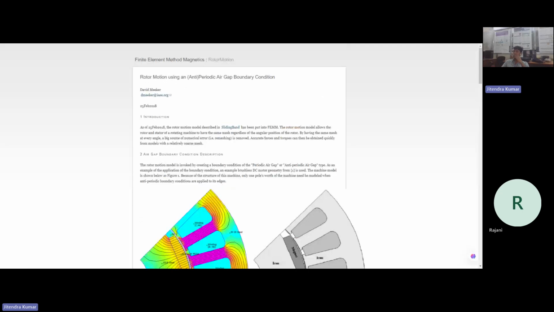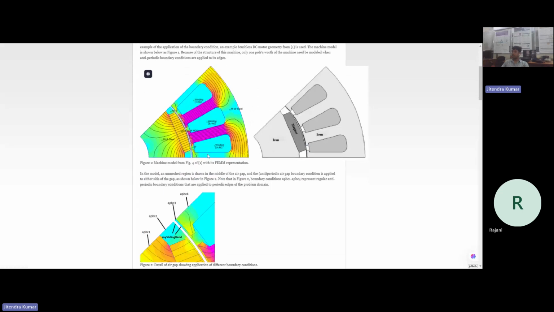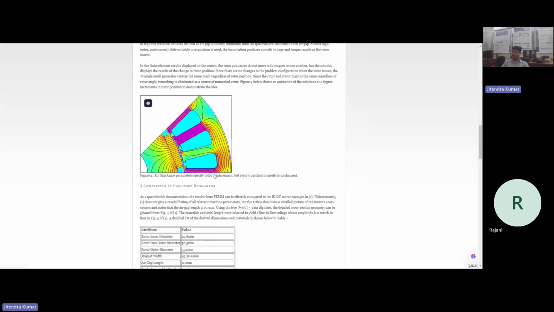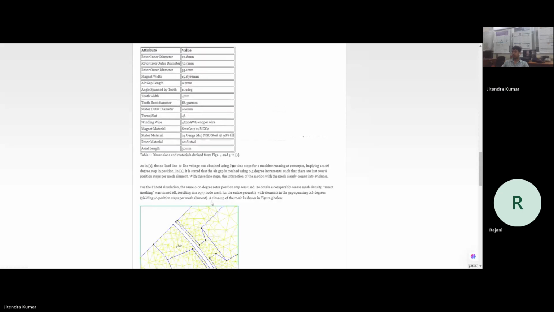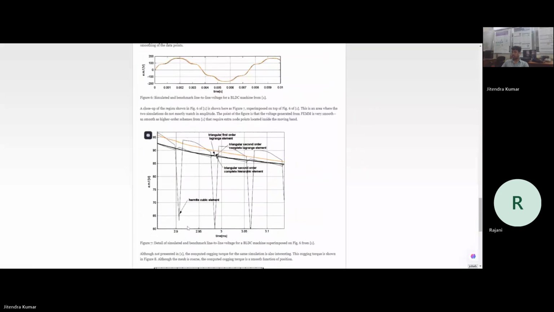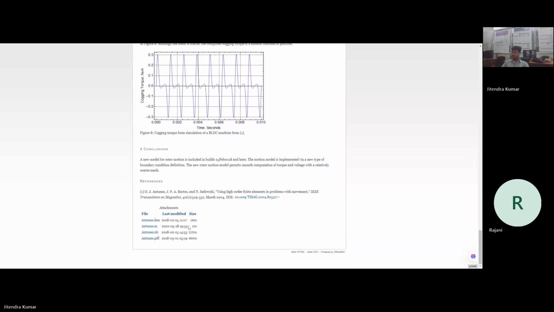This example you could follow from here: air gap boundary condition, boundary properties and all with diameters. Like that. A MATLAB file is given, so it could be coupled with MATLAB as well.